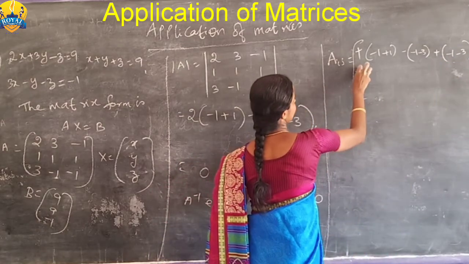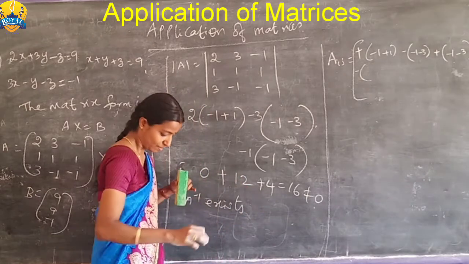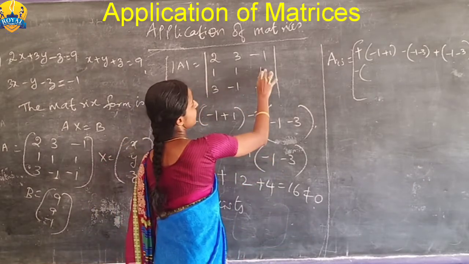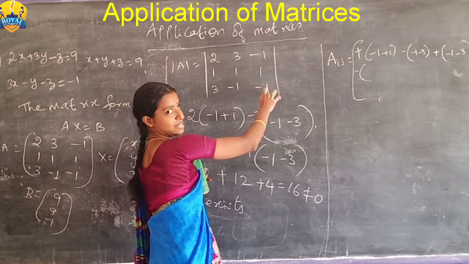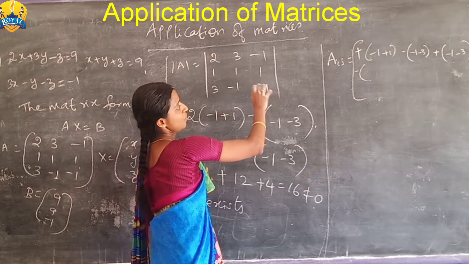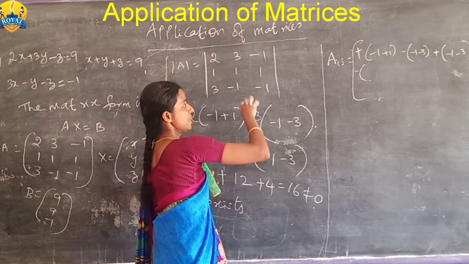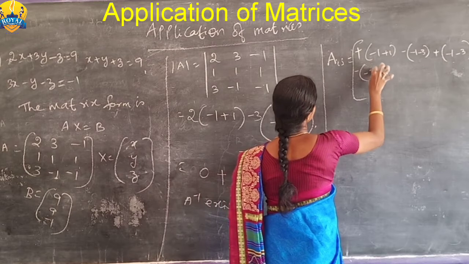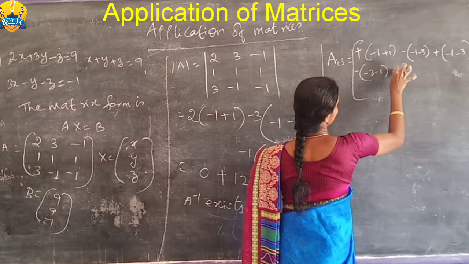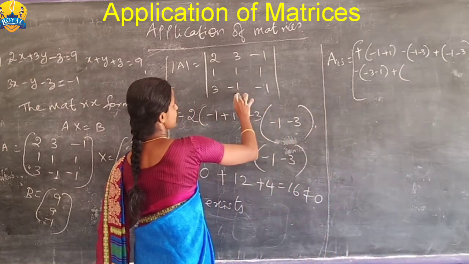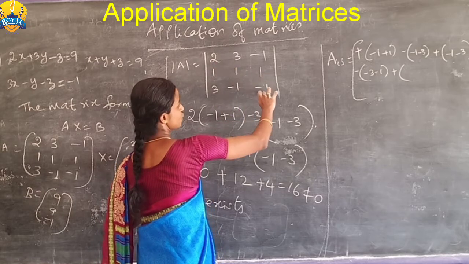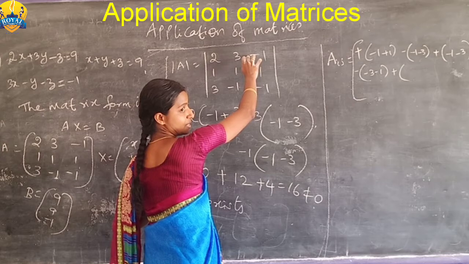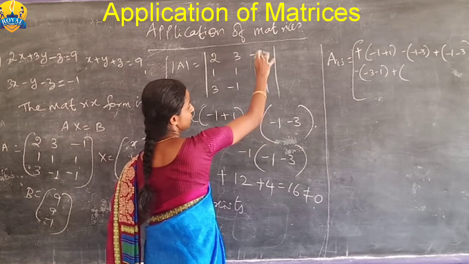Now here minus of, I have position negative. Deleting this row and this column, minus 3, minus 3. When you go in the reverse order, I have negative. But already minus 1 into minus 1 plus 1. So minus 3 minus 1. Now here I have plus, deleting this column and this row. Minus 2, minus 2, reverse order negative. And minus 3, so plus 3. Minus 2 plus 3.